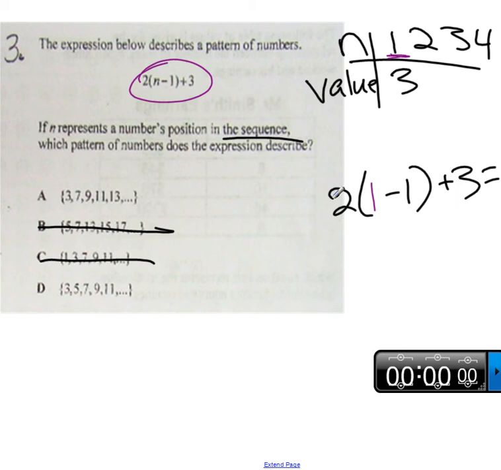So we go to the next one. If n is 2, we have 2 times 2 minus 1 plus 3. So that's 1 times 2, 2 plus 3.